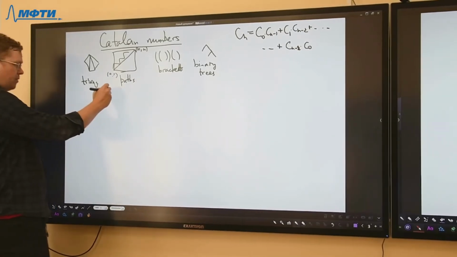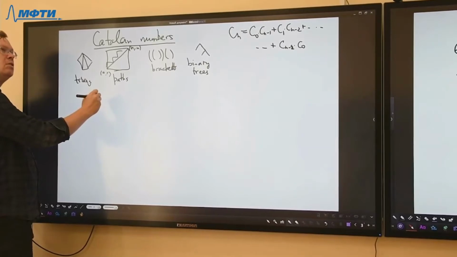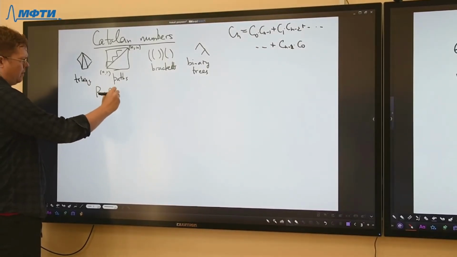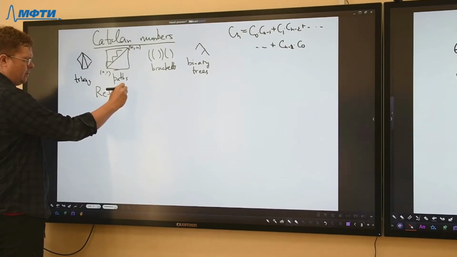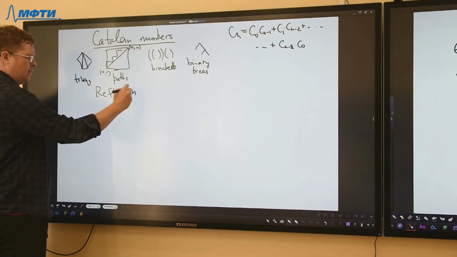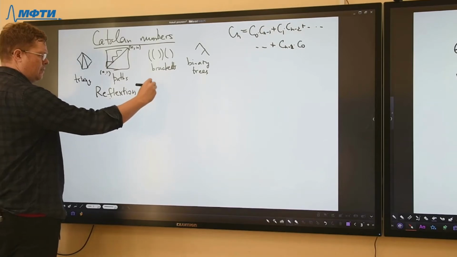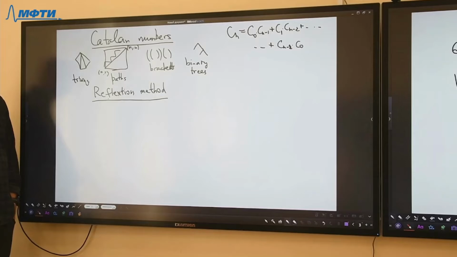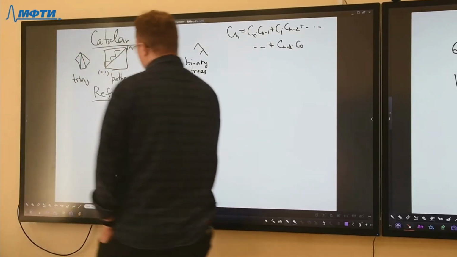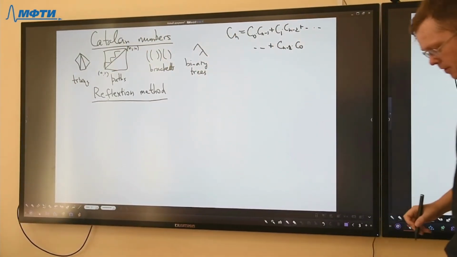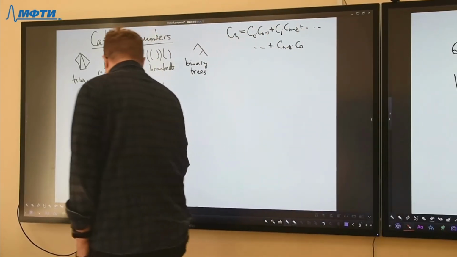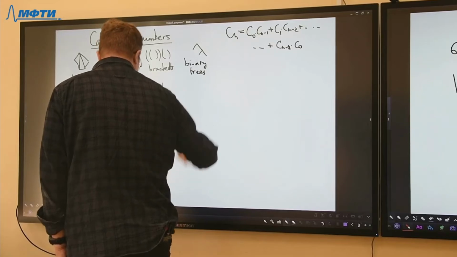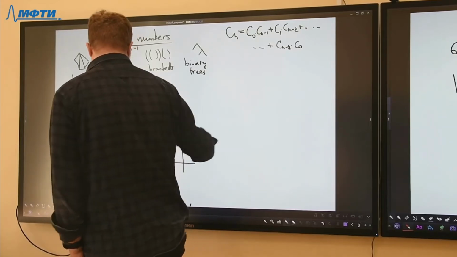So the trick that I will do is called the reflection method. And we will use the definition of Catalan numbers using paths. And then I will write the grid.